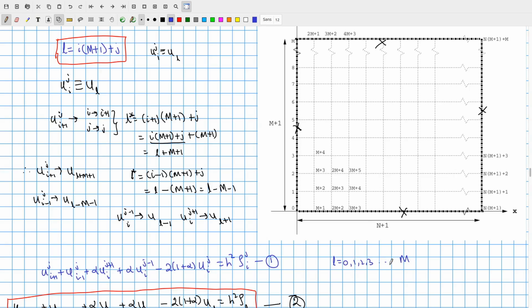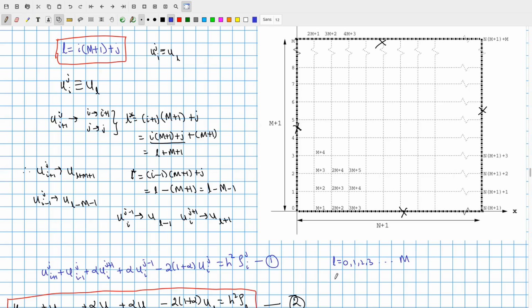Then we have to write down the next boundary condition. If you try to see the pattern you are getting, 0, m plus 1, 2m plus 2, 3m plus 3, and the next one will be 4m plus 4, 5m plus 5. If we keep on doing that, after the nth point it will be n into m plus 1, or nm plus n, or n of m plus 1.